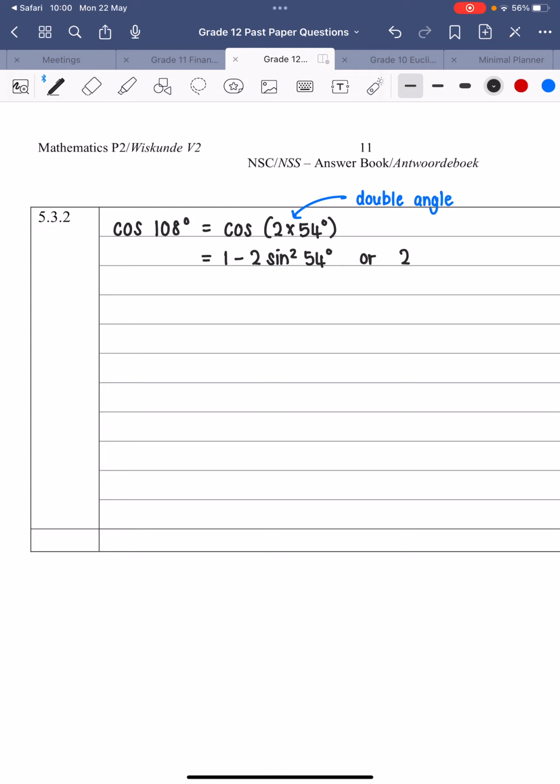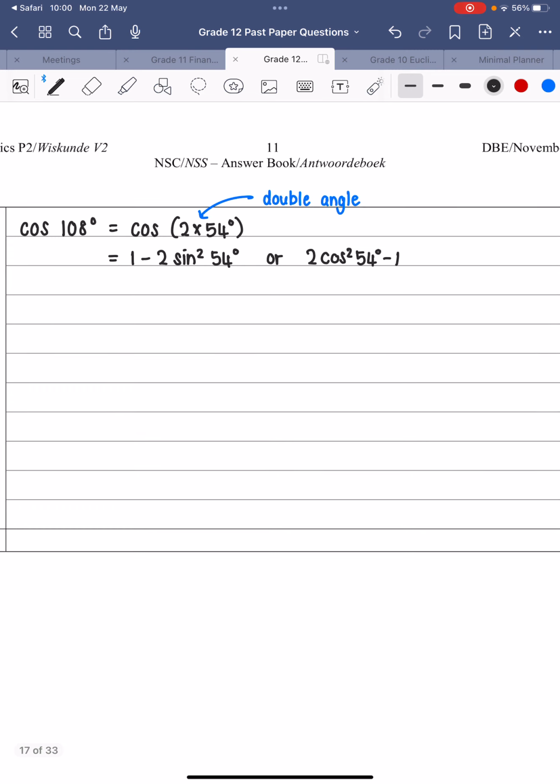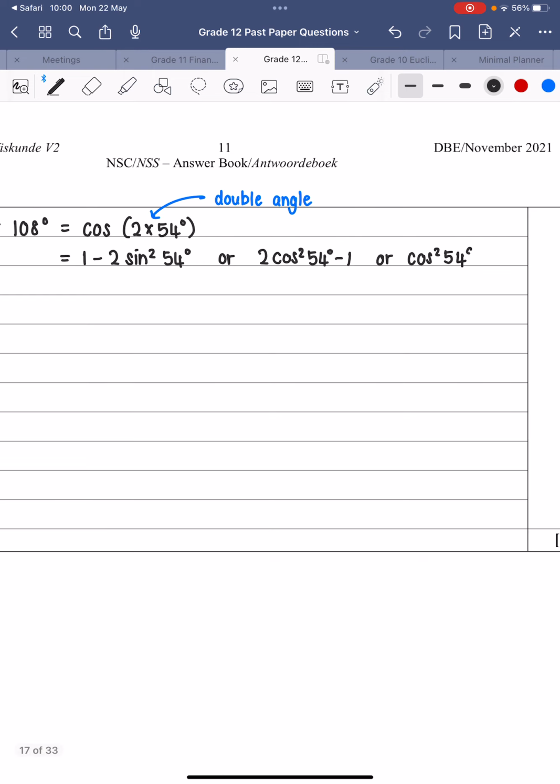Or you could do 2 cos squared 54 minus 1. Or you could do cos squared 54 minus sine squared 54. We had all 3 of these options on the memo, right? Because you could choose any one of them.